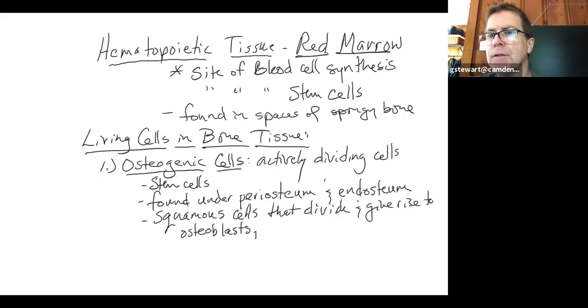They give rise to osteoblasts and bone lining cells. So that takes care of osteogenic cells. Now I'm going to go on to cell number 2. And I'm going to try to go in the order of your book. Hopefully I'm doing that. I don't have my book in front of me.